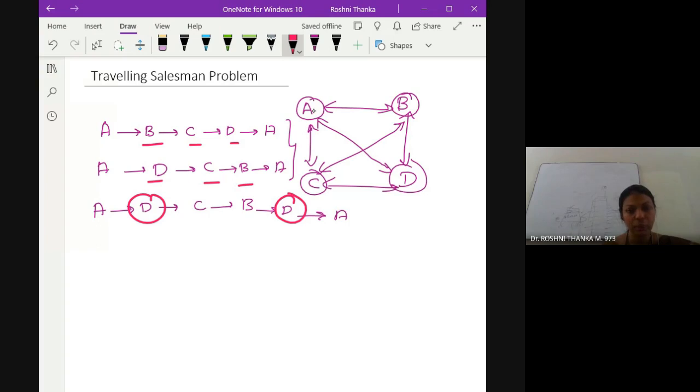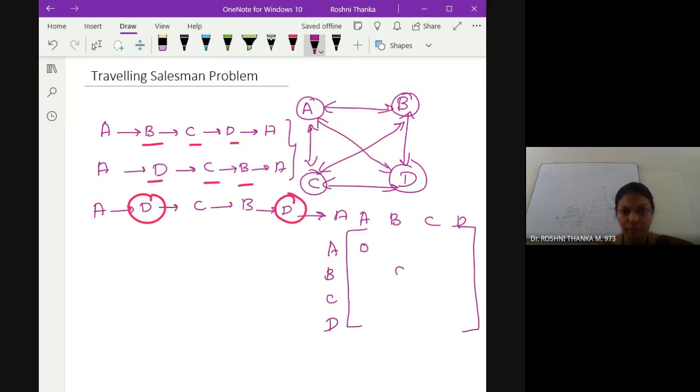Okay, so for this graph, an adjacency matrix is also given for you, where we can see the traveling cost from one point to another point. Here, there are totally 4 points available: A, B, C, and D. The cost of traveling from A to A, B to B, C to C, or D to D is always 0, and the rest of the values are already given for us.